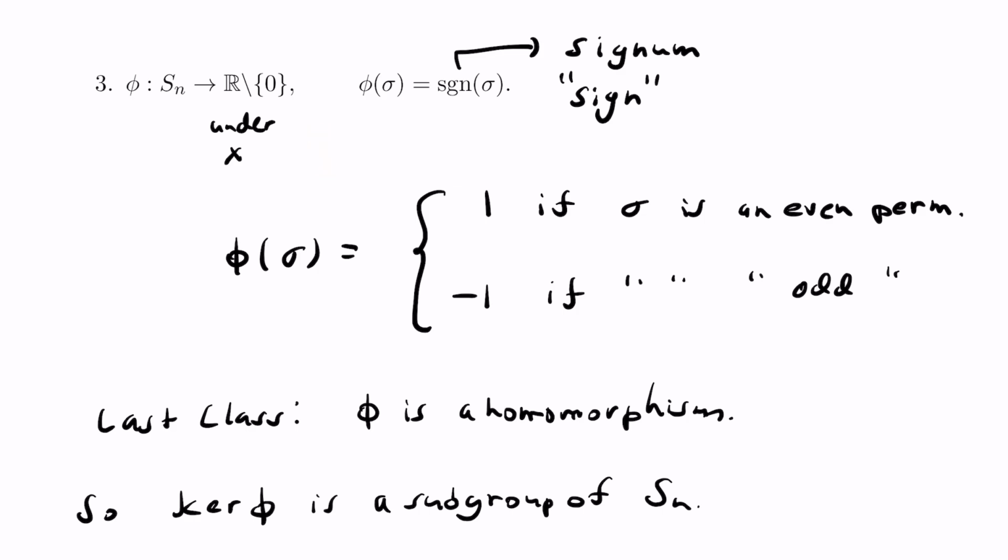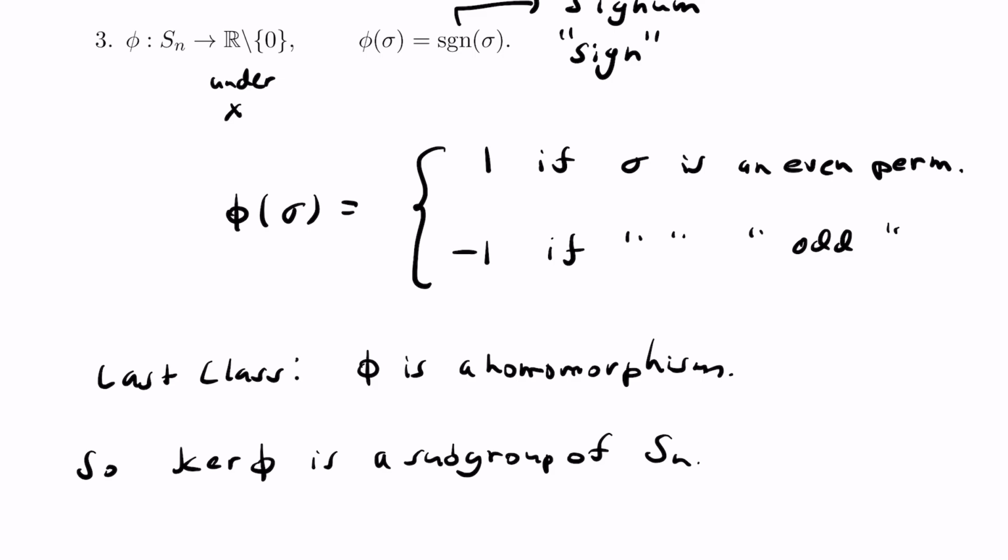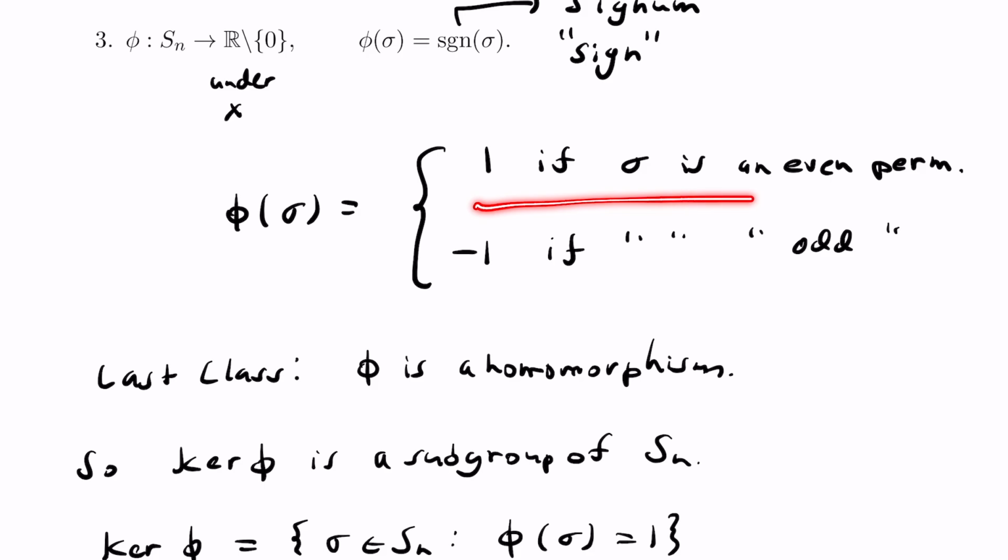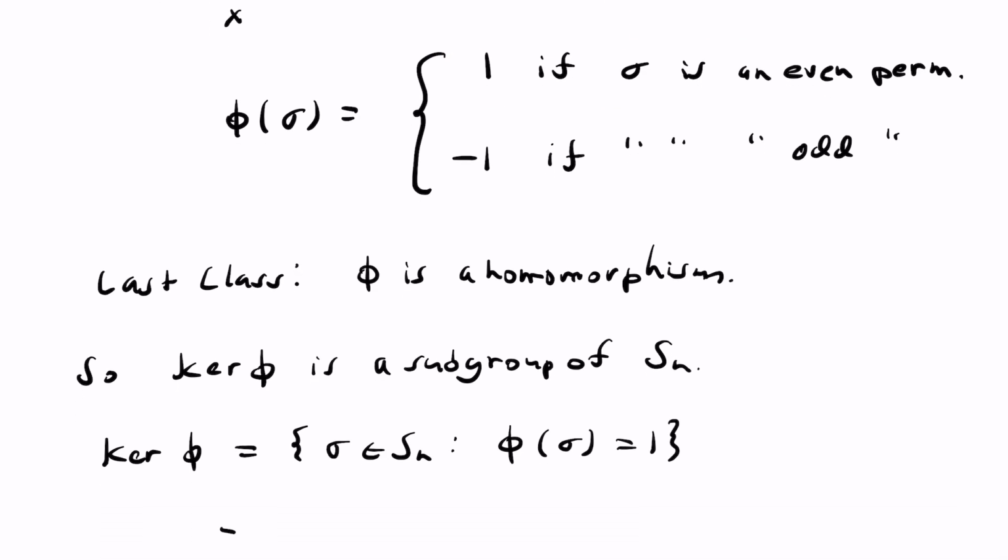So the kernel, we'll write this explicitly, the kernel of phi is the set of permutations sigma in Sn so that phi of sigma is 1. Now, the things that get mapped to 1 are the even permutations. So this is the set of sigma in Sn such that sigma is an even permutation.